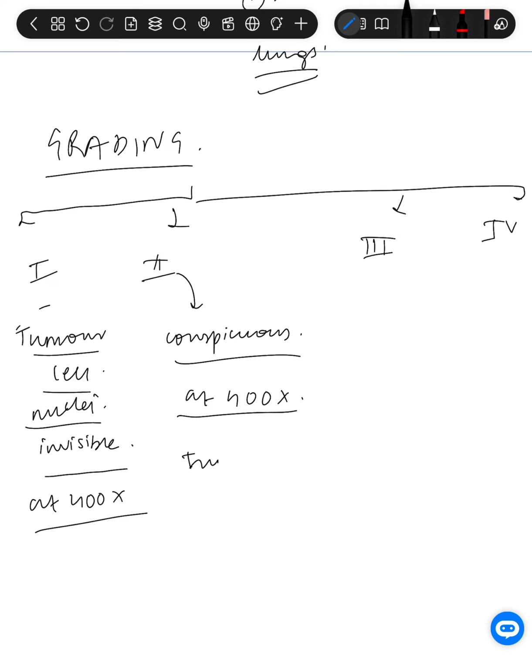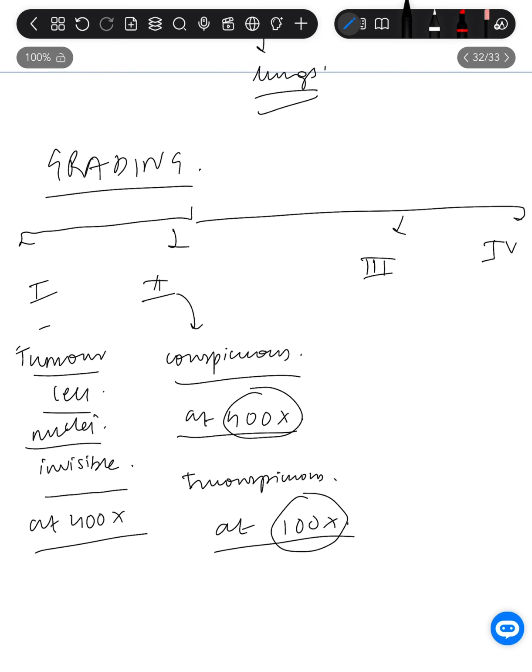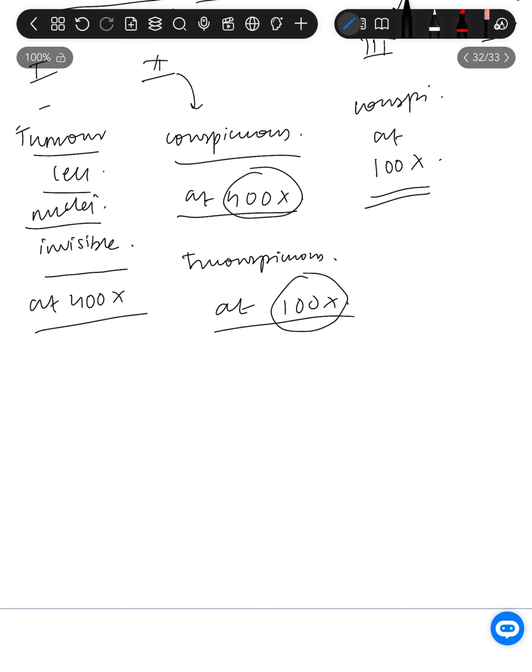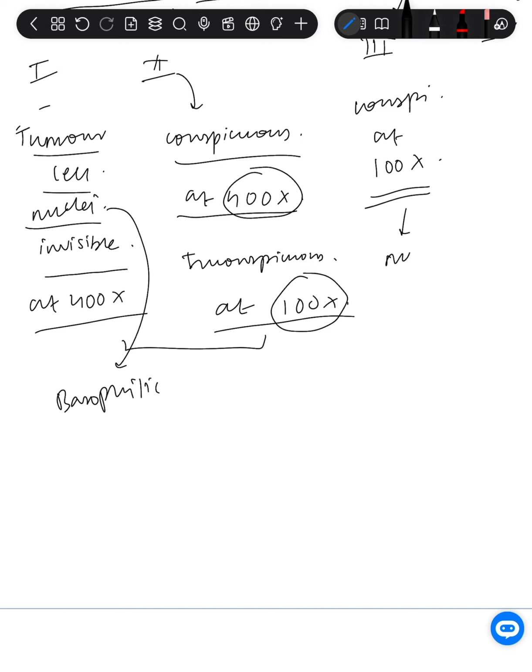but they are inconspicuous at 100x. Okay, conspicuous at this, inconspicuous at this. Grade 3 is conspicuous at 100x also. But till here, the nuclei were basophilic in both of these. Here, the nuclei are eosinophilic.